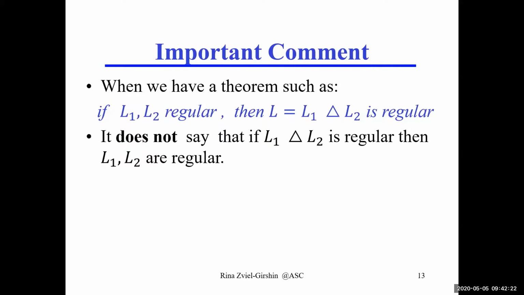So if I know that L1, L2 regular implies L1 some operation L2 is regular, it doesn't say that if L1 triangle operation L2 is regular, then L1, L2 are regular. Please pay attention, it's only a one directional theorem. If L1 and L2 are regular, then L1 some operation L2 is regular. If L1 some operation L2 is regular, it doesn't mean that L1 and L2 are regular.